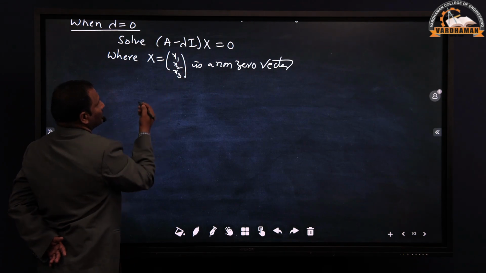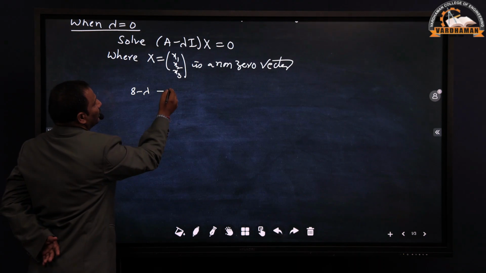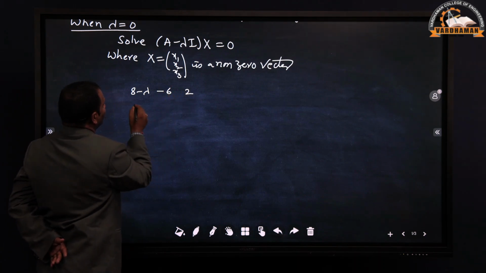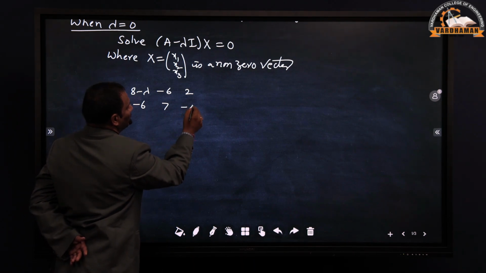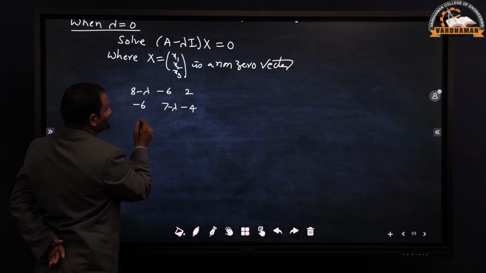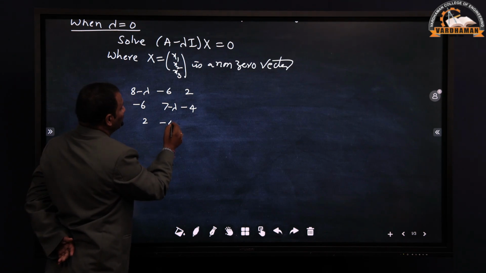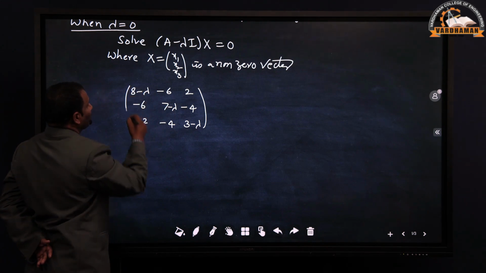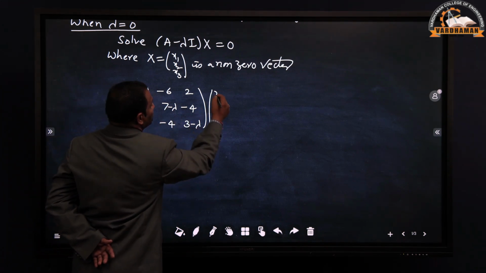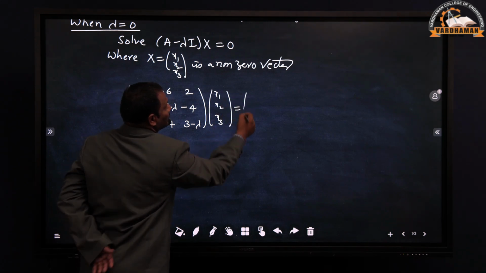So write the homogeneous system: the matrix with rows 8 minus lambda, minus 6, 2; minus 6, 7 minus lambda, minus 4; 2, minus 4, 3 minus lambda, into x1, x2, x3 equals 0, 0, 0.